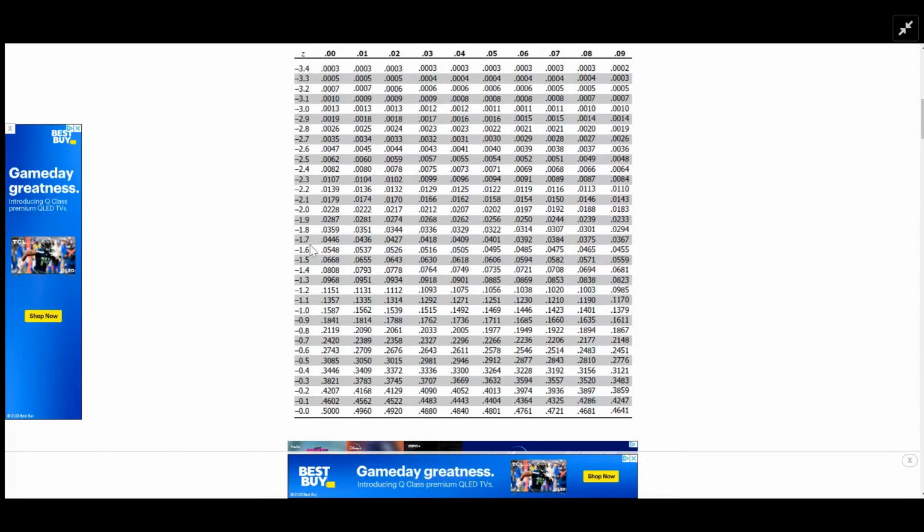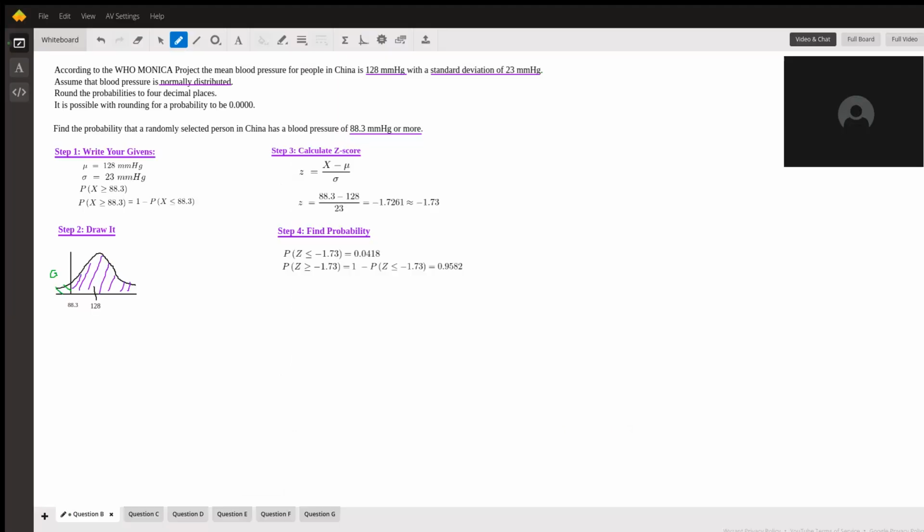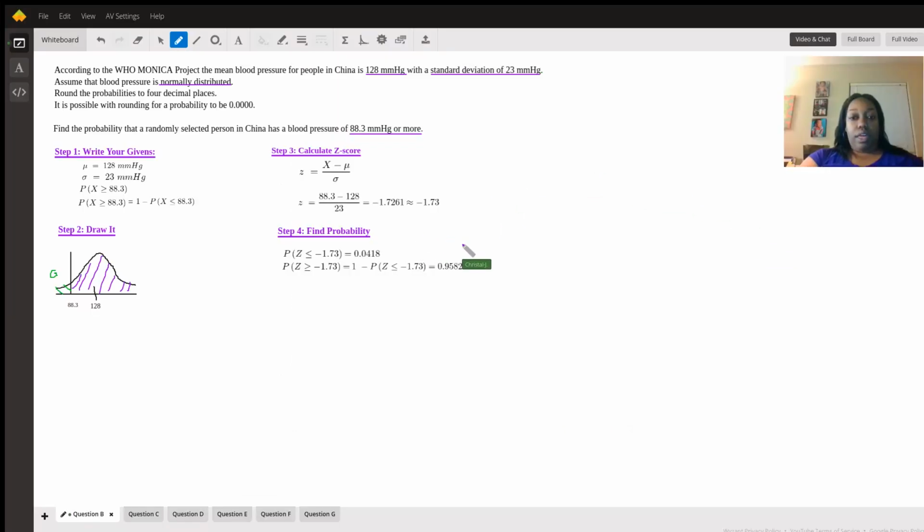And then we find our seat, which is 0.03. So here, here, here, and then our seat is here at 0.0418. And so we found that the probability of a z-score being less than negative 1.73 is 0.0418.